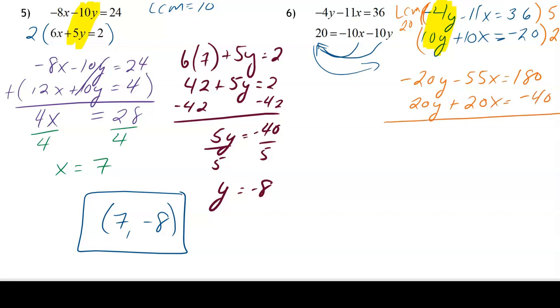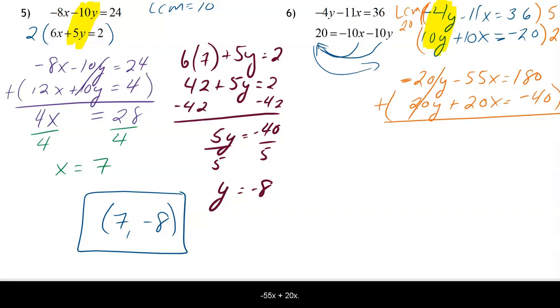Okay. So again, here, since 20 and negative 20 have opposite coefficients, we have a negative and a positive, we can just add these together to get things to cancel out. So negative 20 plus 20, that's going to subtract out.